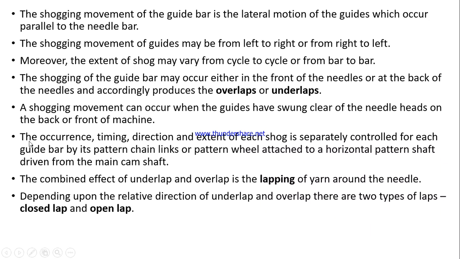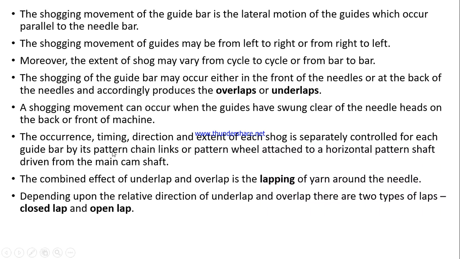Already I have discussed that the occurrence, timing, direction and extent of each shog is separately controlled for each guide bar by its pattern chain link or pattern wheel attached to the horizontal pattern shaft driven from the main camshaft. So there is a main camshaft of the machine. From the main camshaft, a drive is given to the pattern shaft. On the pattern shaft, there will be either a pattern wheel or pattern chain link. This pattern wheel or pattern chain link will give drive to each and every guide bar separately for the shogging movement.